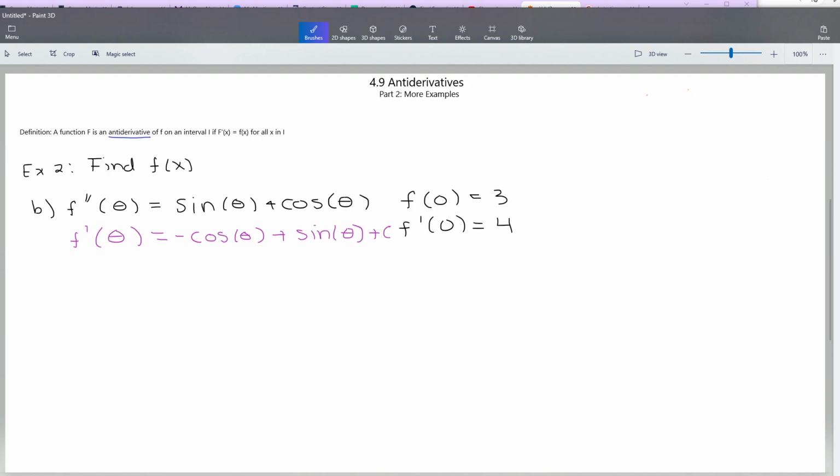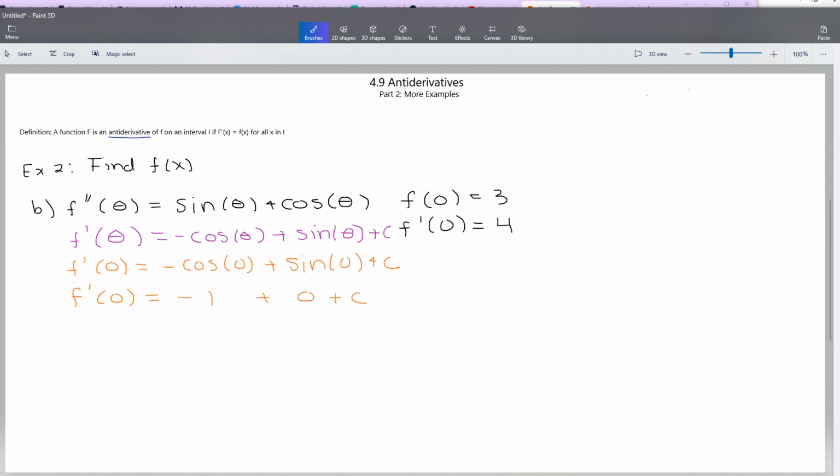Now I'm going to use this information that I have, f prime of 0 equals 4. So f prime of 0 equals minus cosine of 0 plus sine of 0 plus c. Now cosine of 0 is 1, and sine of 0 is 0.